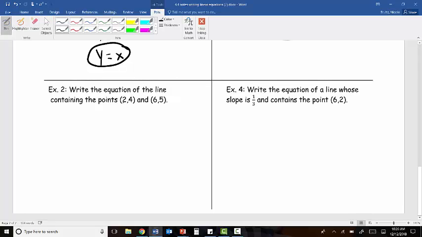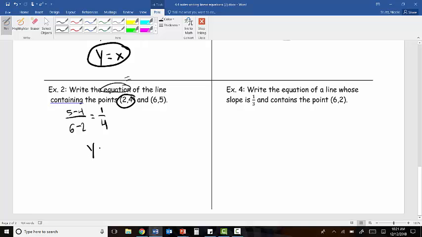Example 2 gives you 2 points. Again, we want an equation, so I want an equals in your answer. So we're going to have to do 5 minus 4 and then 6 minus 2 to get 1/4. So let's pick 2, 4 to use with our slope.